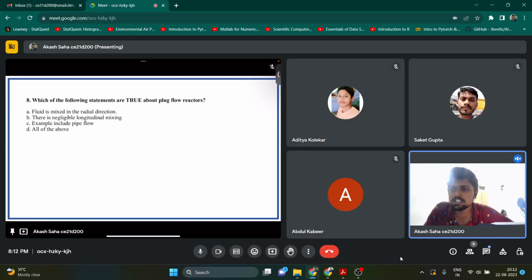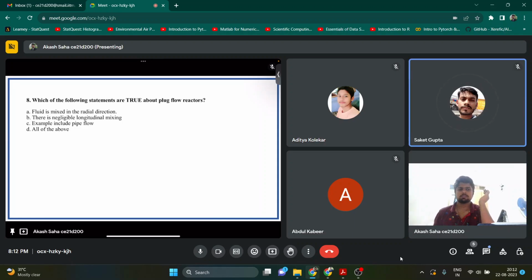Okay, the next question: which of the following statements are true about plug flow reactors? Fluid is mixed in the radial direction. There is negligible longitudinal mixing. Example is pipe flow. Or all of the above. So which statement is true regarding a plug flow reactor? All of the above.